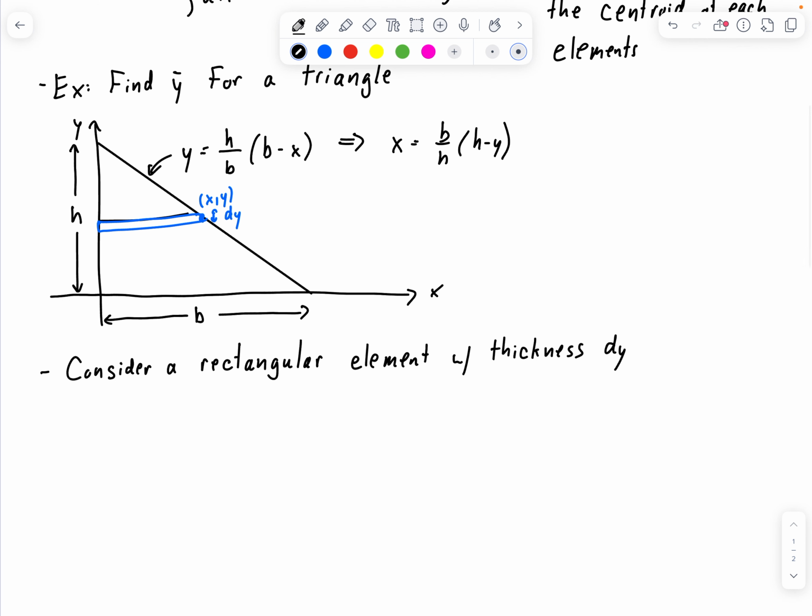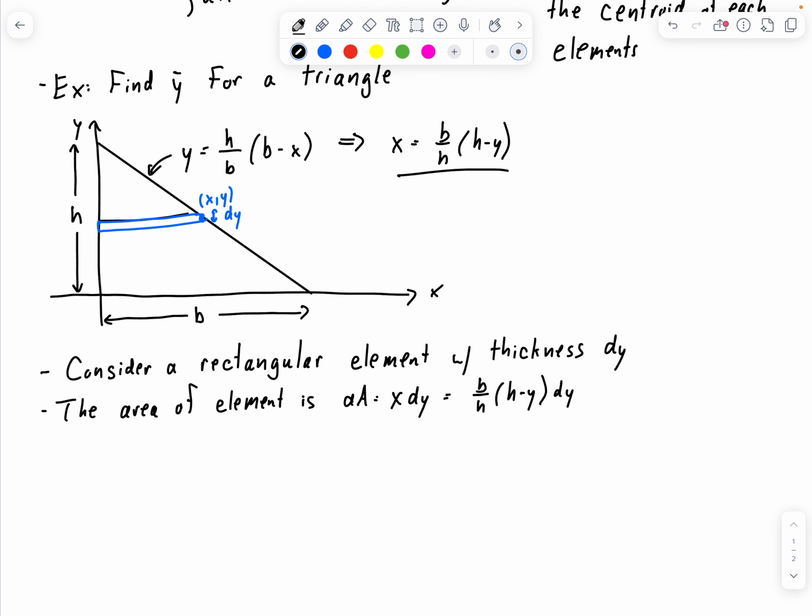So we're thinking about this element, and we can first think about the area of that element. So the area of that element is dA is equal to x times dy. dy is the thickness, that vertical thickness of the element, and x is the width of that element. And we can rewrite this using our expression right here for x as b over h times h minus y times dy. So that is the area of our element.